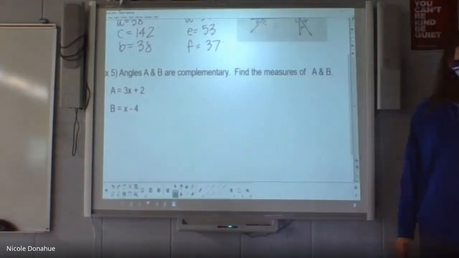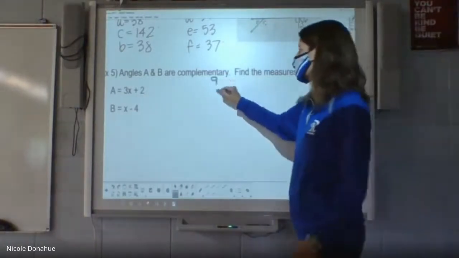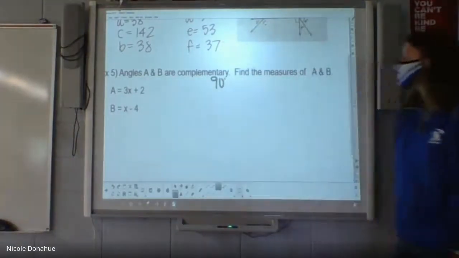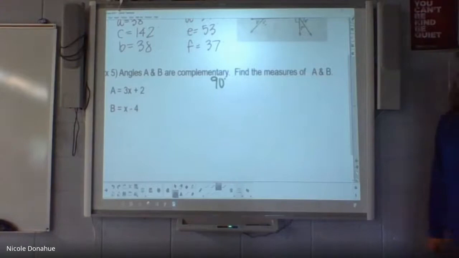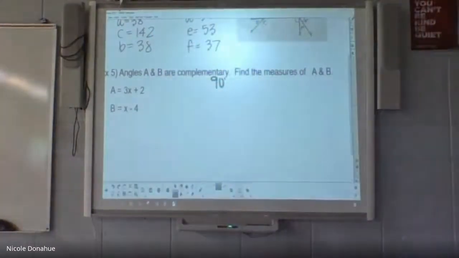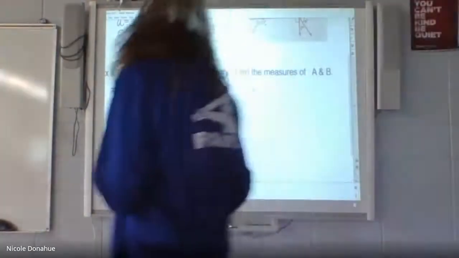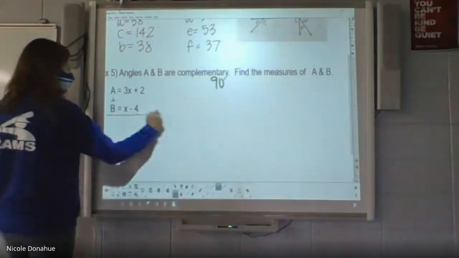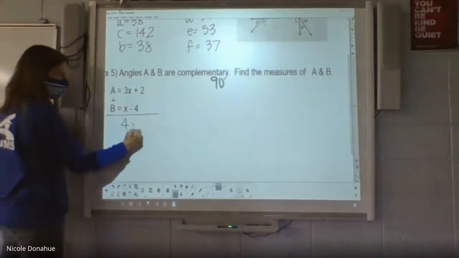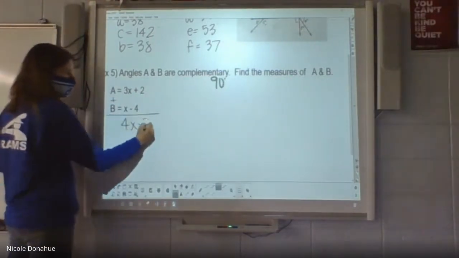So A and B are complementary. What does that mean for us? 90. So think 90 when you see complementary. That means these two together add to 90. Are these the same measures as on the front side? No. I feel like we already had done these numbers, but together, these add to 90. You can even add them the way they are. So 3x and x is 4x. 2 and negative 4 is negative 2.